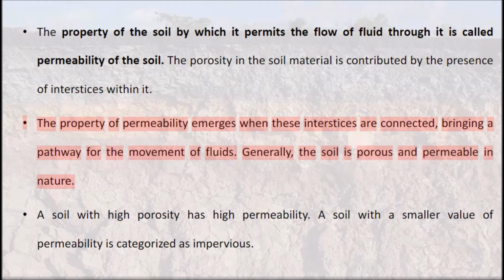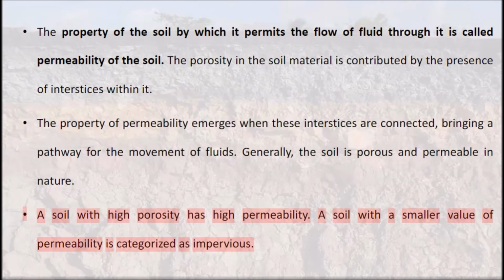Generally, soil is porous and permeable in nature. A soil with high porosity has high permeability. A soil with a smaller value of permeability is categorized as impervious.